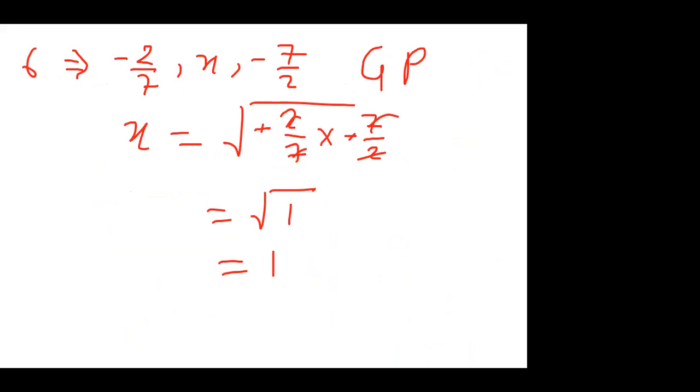So x will be the square root of the product of the outer two terms. I have multiplied the two terms, and on multiplying, the product comes to 1. After calculating the square root of 1, that remains 1 itself. So the value of x has come as 1.